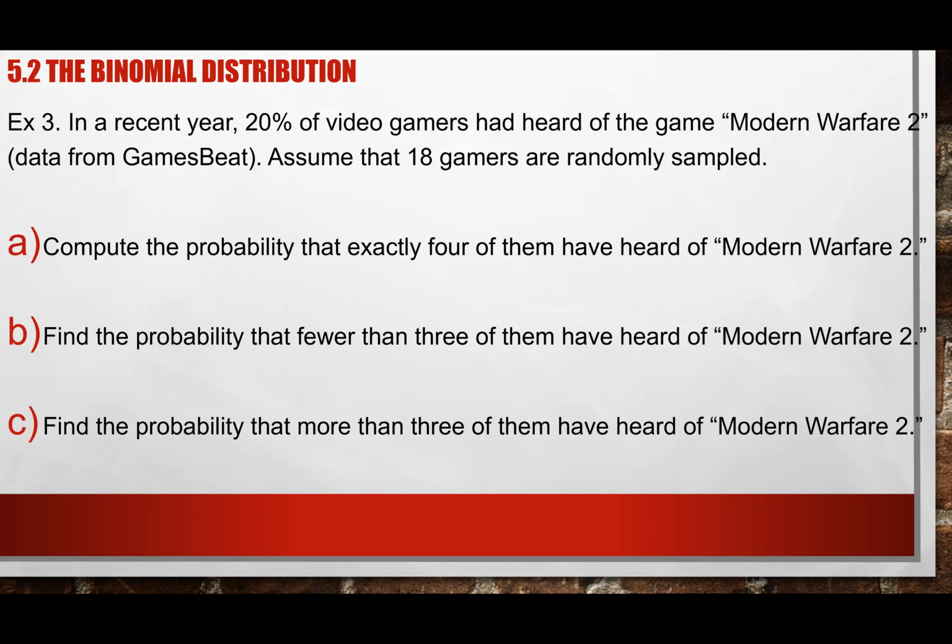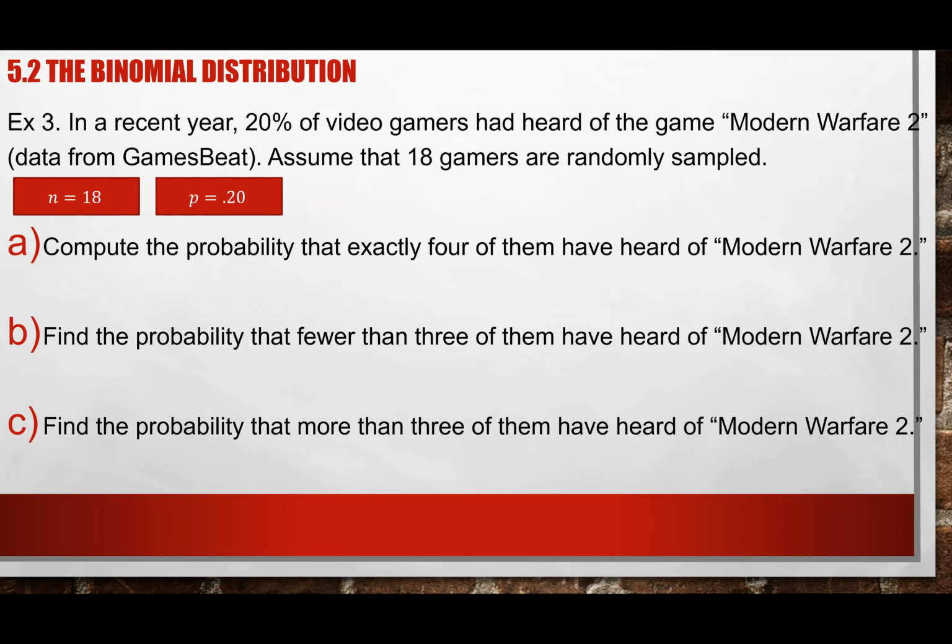How many people did we sample? n is equal to 18, because that's how many gamers I took in. And what is the probability that people know about this game? If I randomly pick someone, the probability is 20%, which is 0.2.